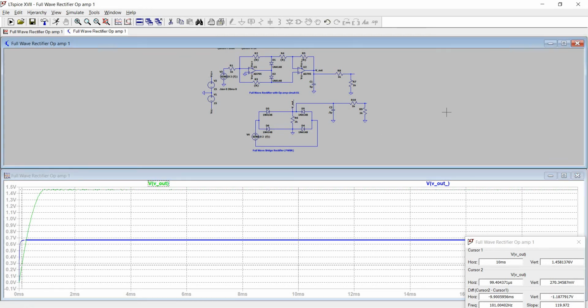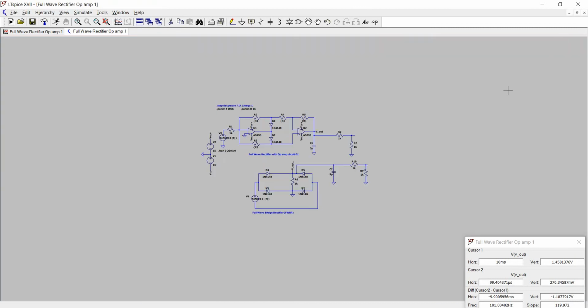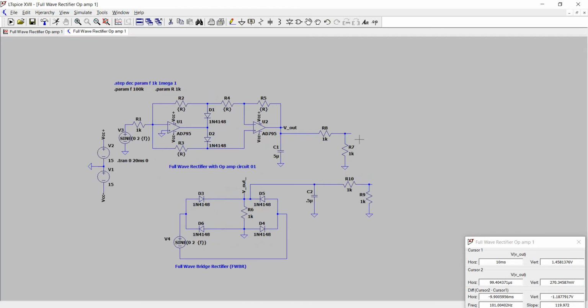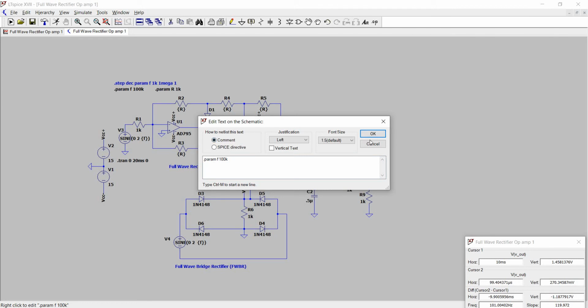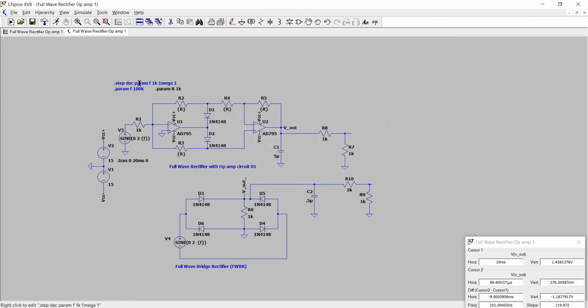Now I am interested in the effect if we change the frequency.